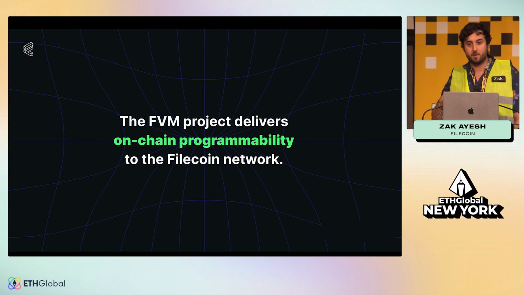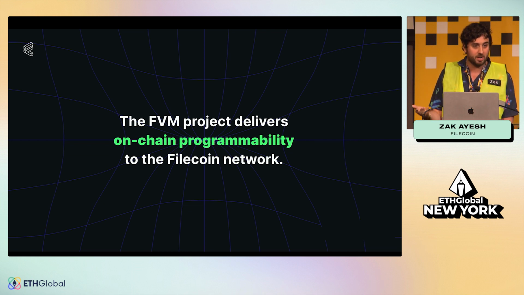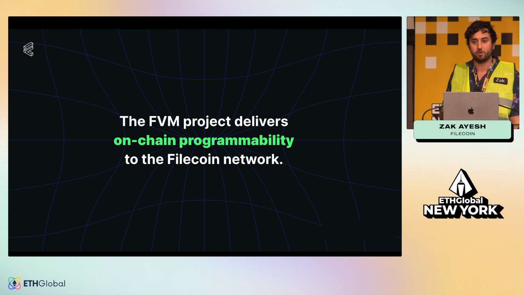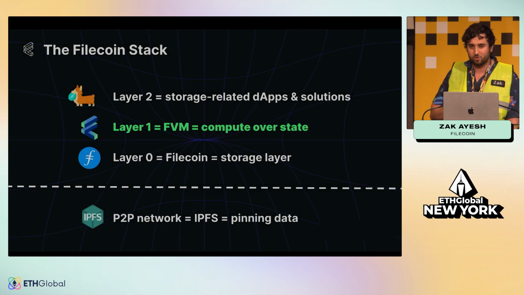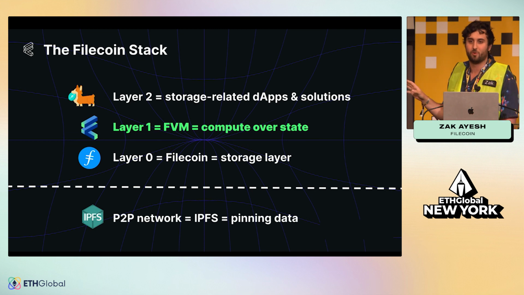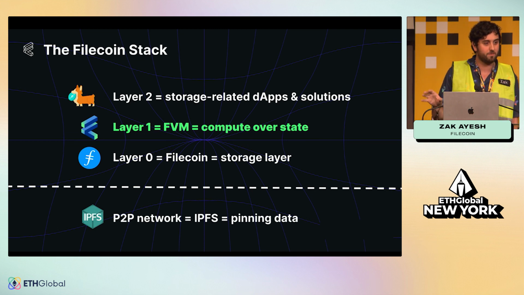The Filecoin virtual machine allows us to write programs, or as you may know them, smart contracts, on top of the Filecoin virtual machine. And allows us to design programmability, and we'll get into what makes it special on Filecoin versus a traditional EVM chain in a second.